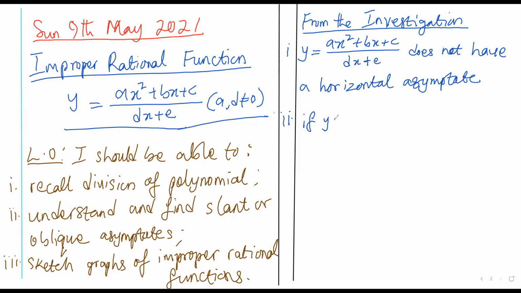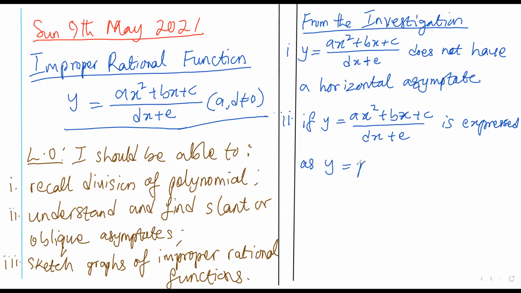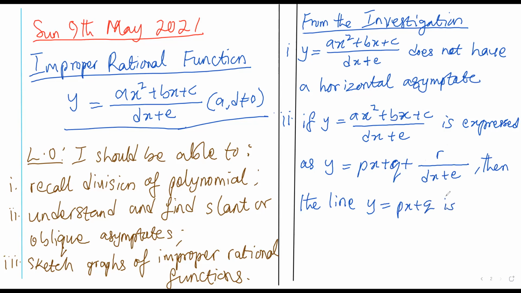If y equals ax squared plus bx plus c divided by dx plus e is expressed as y equals px plus q plus r over dx plus e, then the line y equals px plus q is the what?